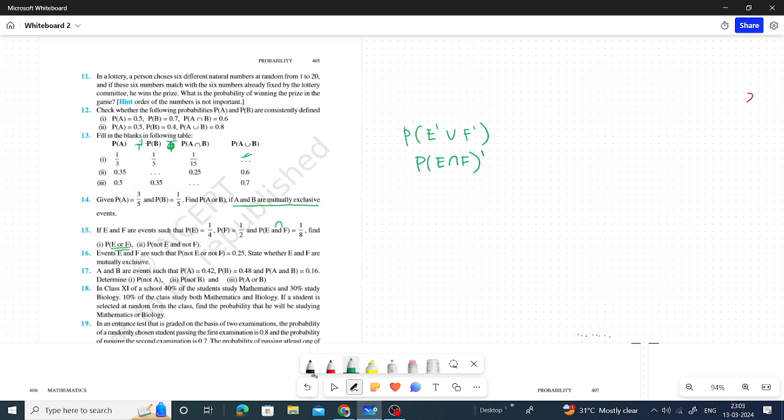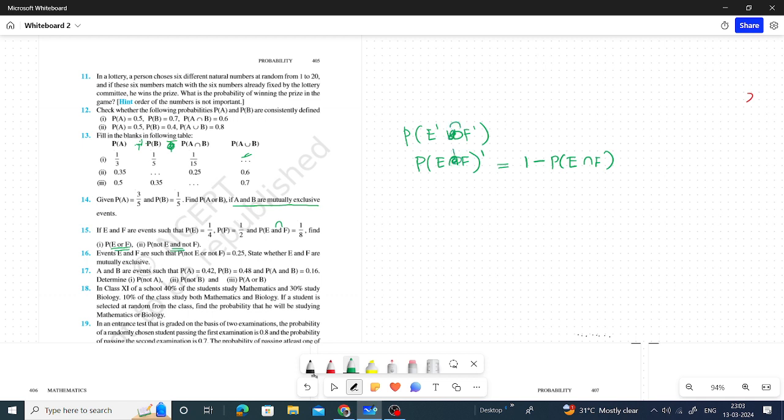Okay, and this is equal to 1 minus probability of E intersection F. Actually you want to find out, and, sorry, here it is 'and' given. I have made a mistake here, and is required.